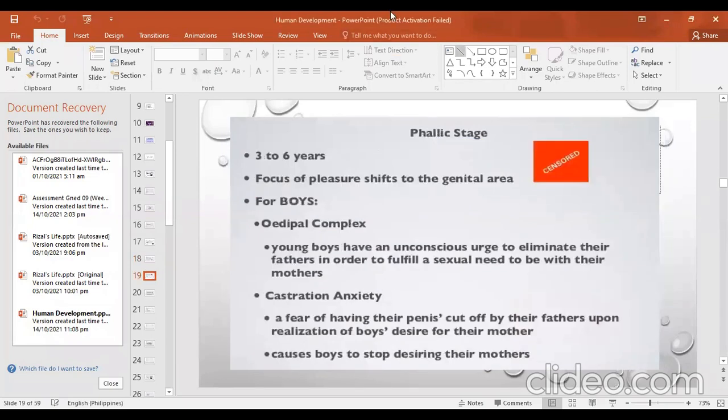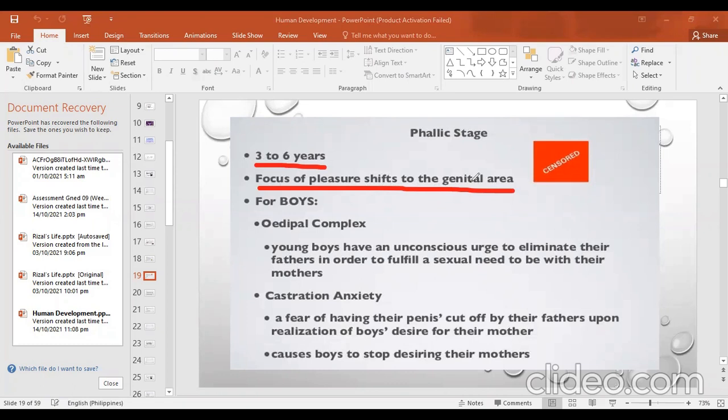Next, we have the phallic stage. So, when we talk about the phallic stage, age niya naman from 3 to 6 years. So, ang focus of pleasure shifts to the genital area. At first, when we talk about the oral, andun yung focus ng libido sa mouth.